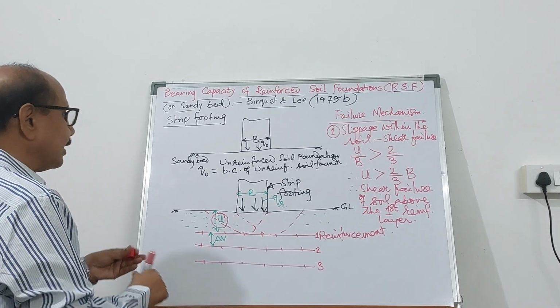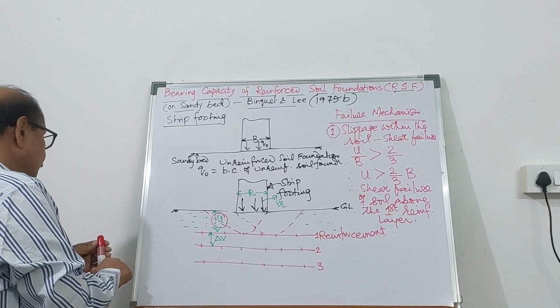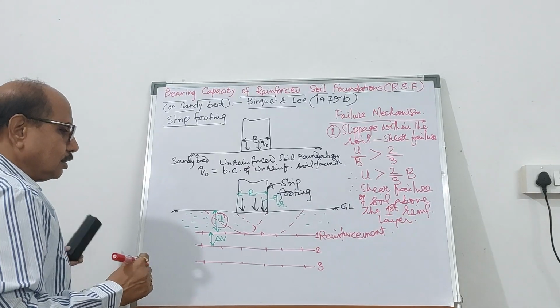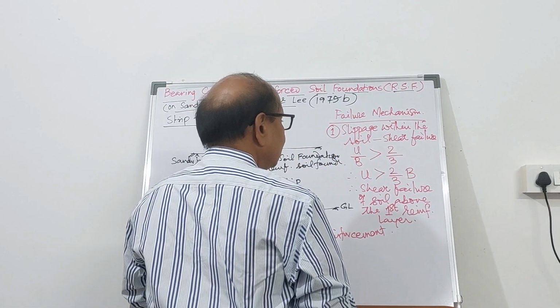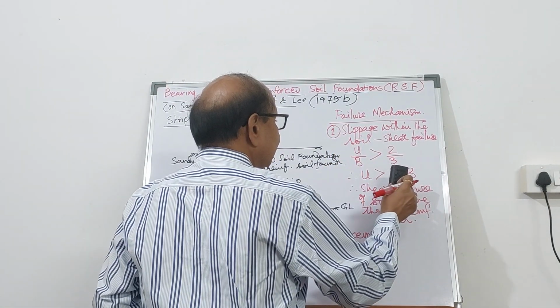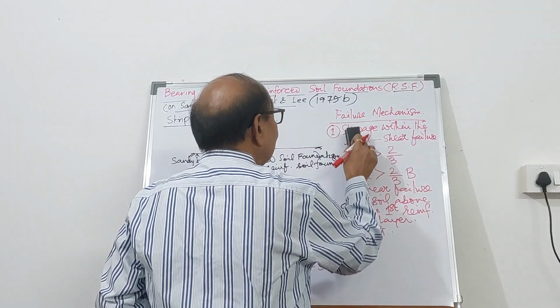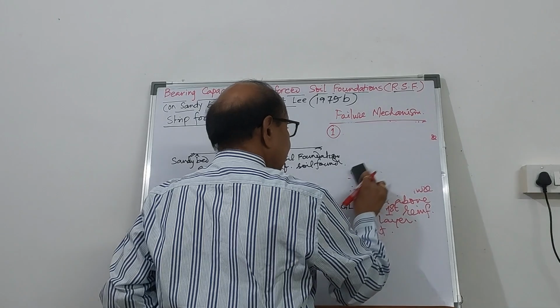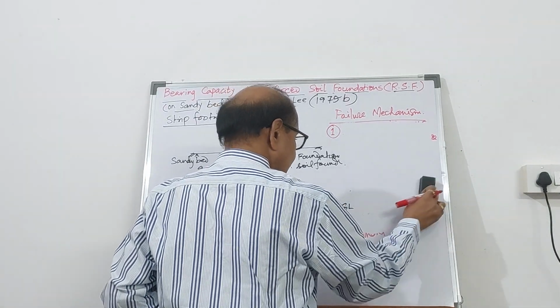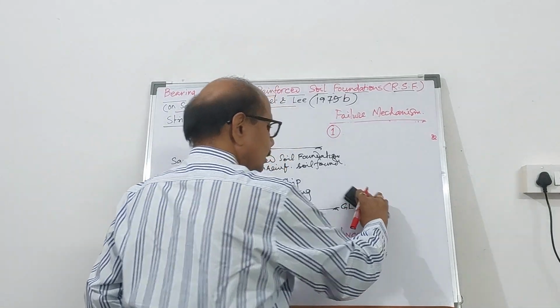Then the second criterion was when U by B is not greater than 2/3, but U by B is less than 2/3.